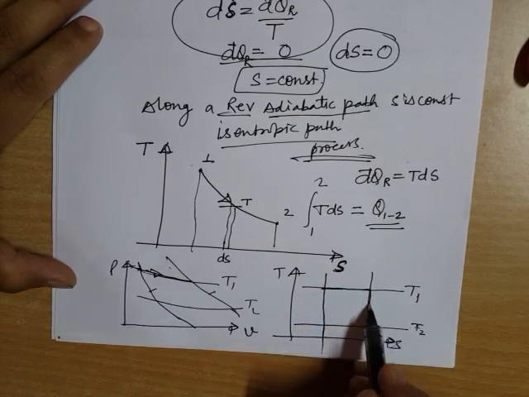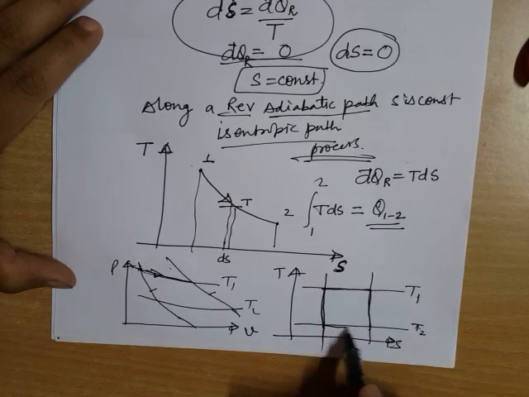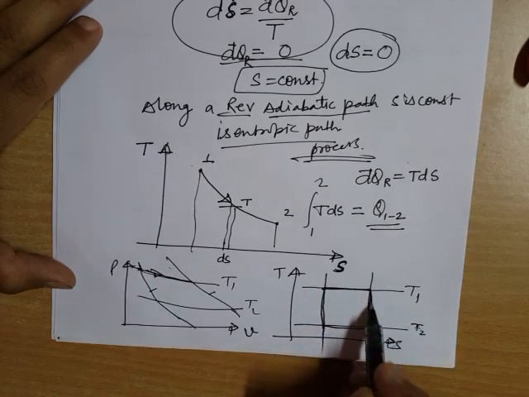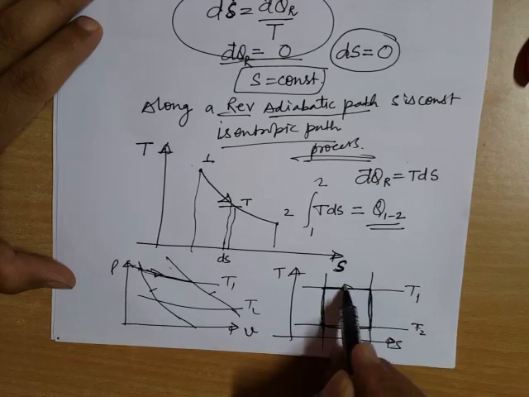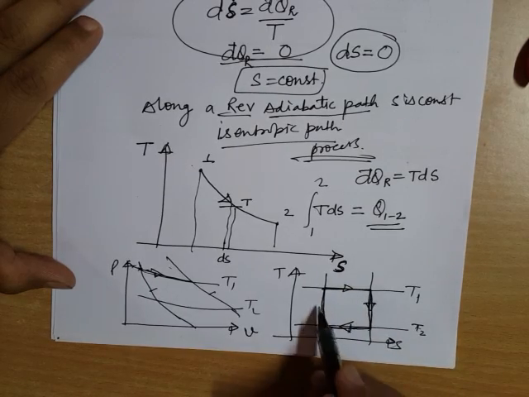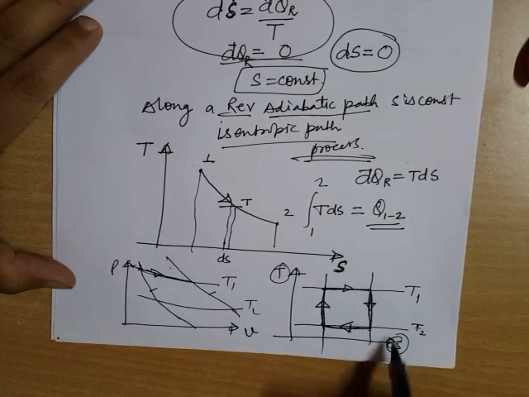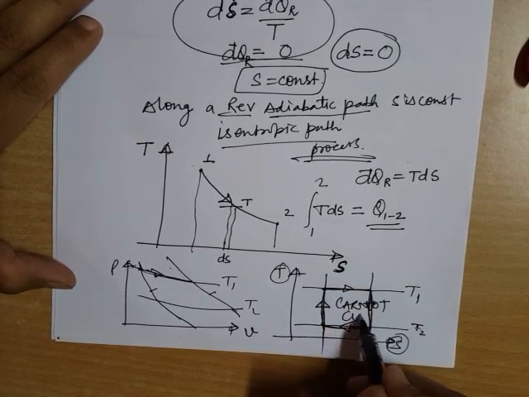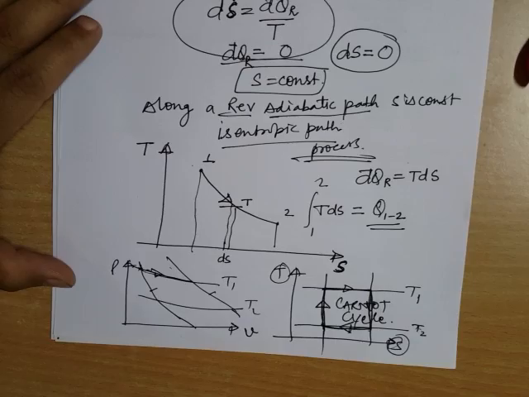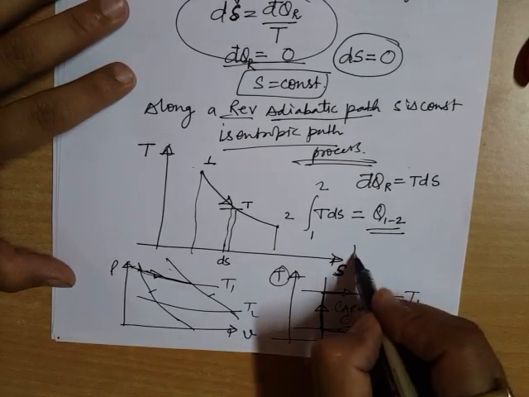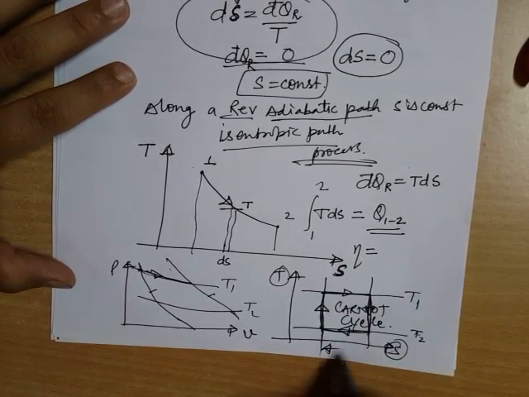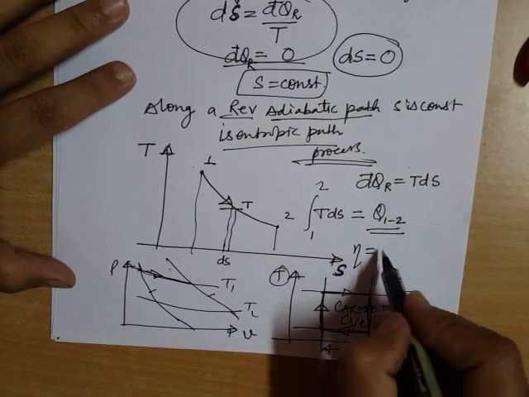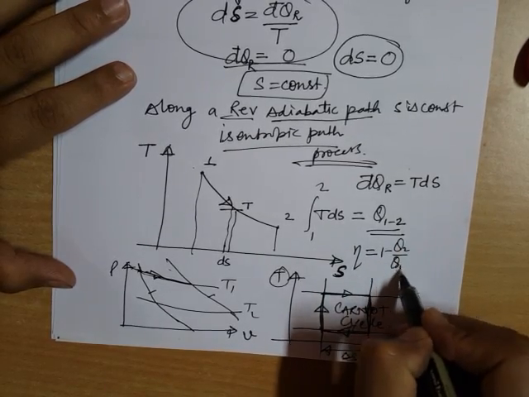So you are left with what? You are left with a cycle which is rectangular looking, and this rectangular looking cycle in TS plot is nothing but the Carnot cycle. So if you are interested in the efficiency of this, if we consider this as delta S, it is 1 minus Q2 by Q1.